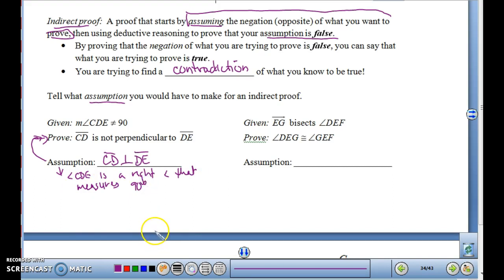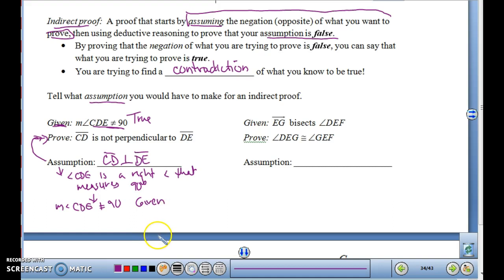But what were we given about CDE? We were given that CDE is not 90 degrees. That's true. We were given that fact is true. So that implies we know that measure CDE doesn't equal 90 because that's given.